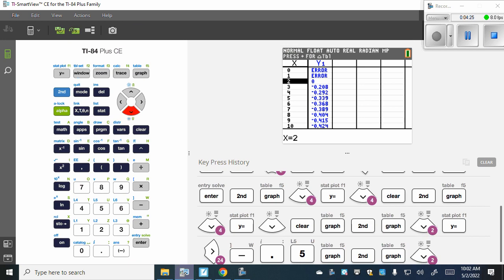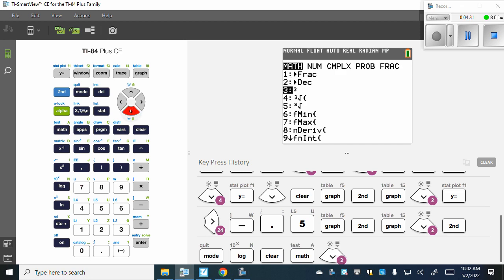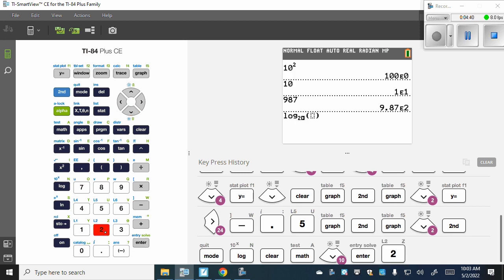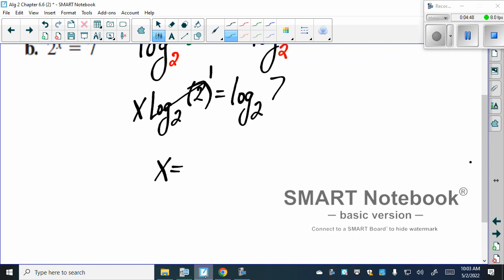So if we pull the calculator up, log, math, log base, if we do 2 of 2 and hit enter, we get 1, which is helpful because that tells us this is 1, leaving us with x.